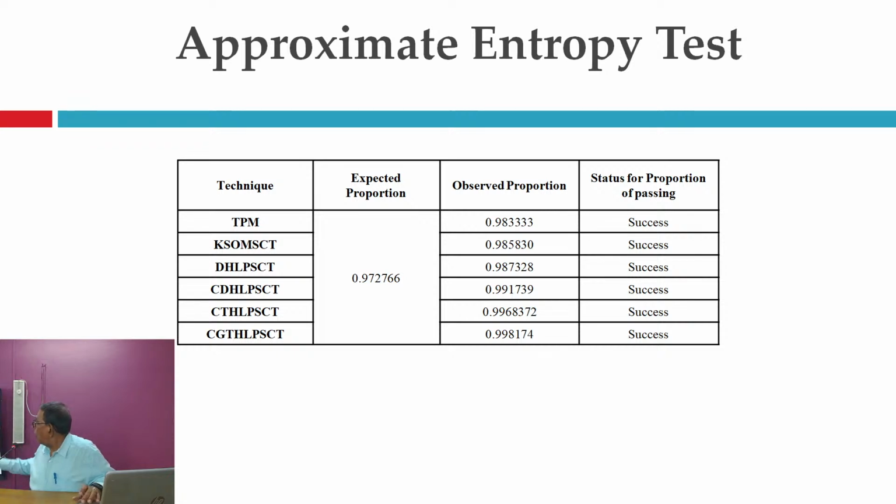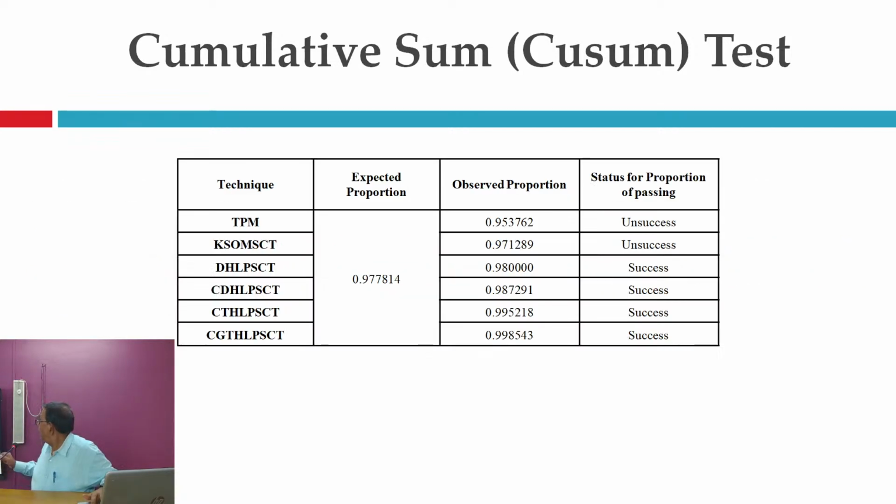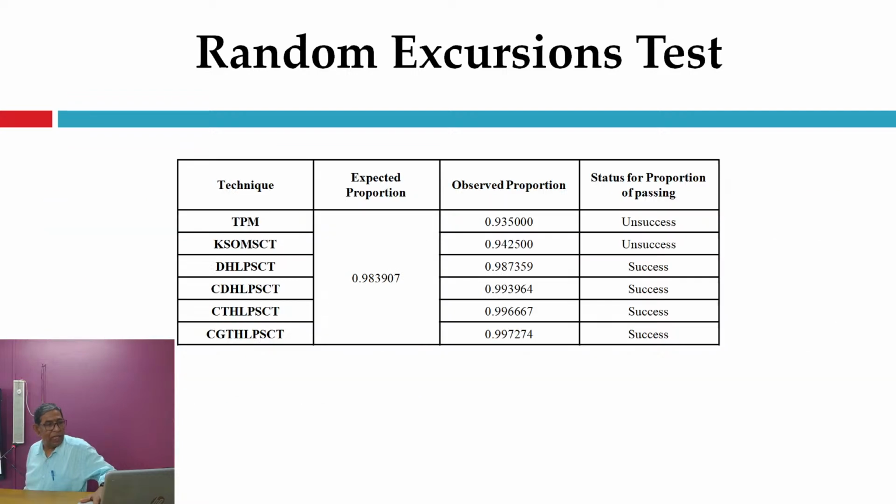In that case all 6 proposed algorithms are successful. Then the cumulative sum test. Here also your tree parity machine and SOM network are unsuccessful. Then the random excursion test. Here also the tree parity machine and SOM network are unsuccessful.